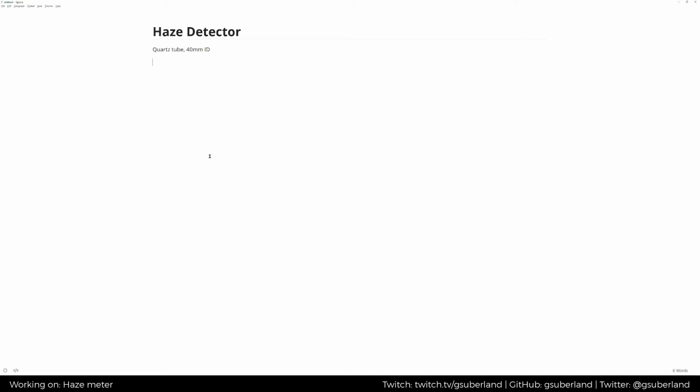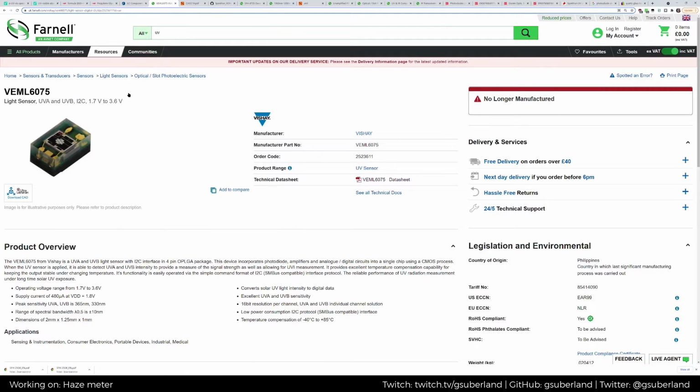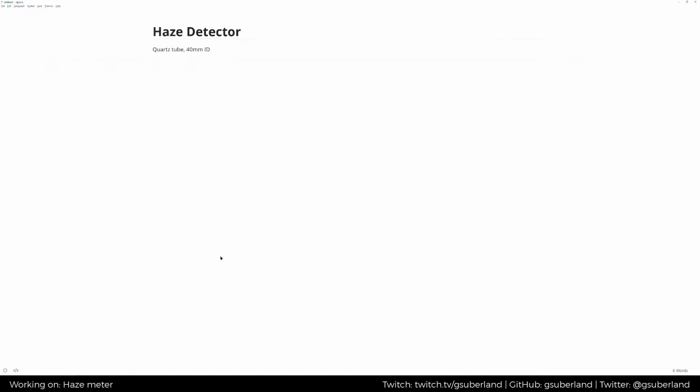I'm not going to be using a quartz tube, and it will probably be a VEML6075 for UVA and UVB. So then probably a SparkFun breakout.